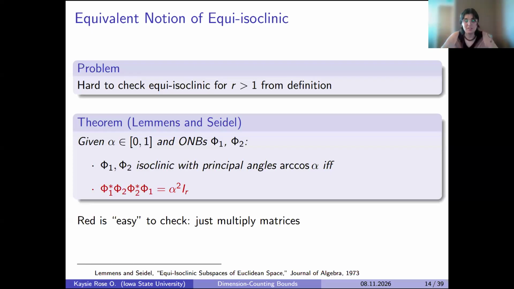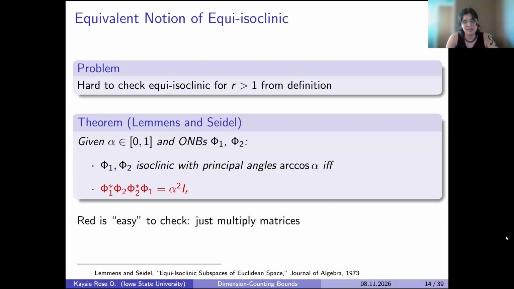And that's nice for us. That's easy to check, relatively speaking. We can just multiply matrices. Multiplying matrices is what I do. So from here on out, this red condition is how we evaluate equi-isoclinic, how we think about equi-isoclinic.